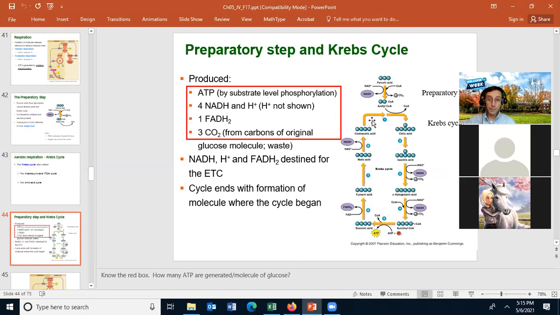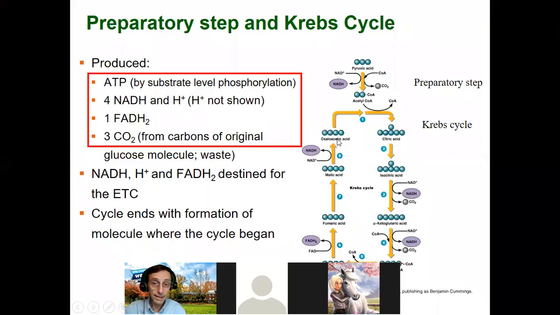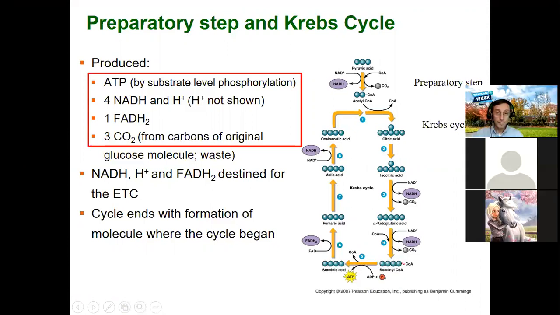So this is showing you the preparatory step, which we've already discussed. Pyruvic acid is converted into acetyl coenzyme A, making an NADH. Acetyl coenzyme A then combines with oxaloacetic acid to form citric acid. And then citric acid moves on to this molecule, which moves on to this molecule, which moves on to this molecule, which moves on to this molecule, and ATP gets generated right here.